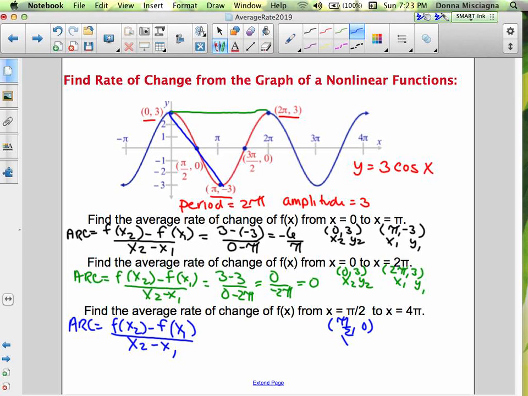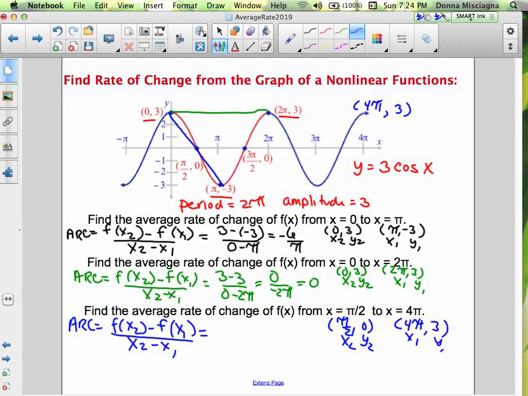All right, so you be x2, you be y2, and then 4 pi, this is (4 pi, 3). Right, function y, that's back up again to 3. So this would be (4 pi, 3), right, and you be x1 and you be y1.